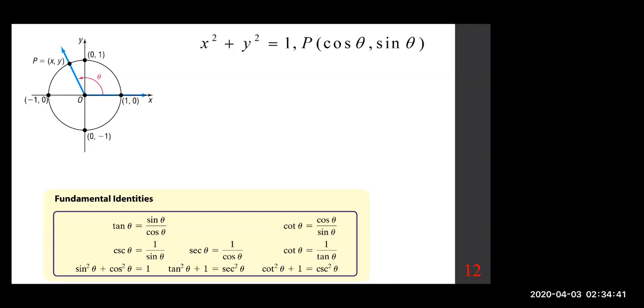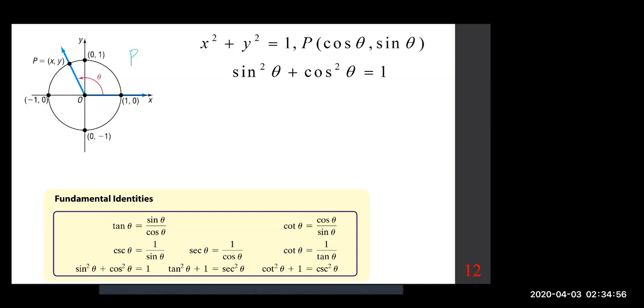So cosine squared plus sine squared, or sine squared plus cosine squared, is 1. This is one of those Pythagorean identities, okay? Here's the name, class. This is one of them.